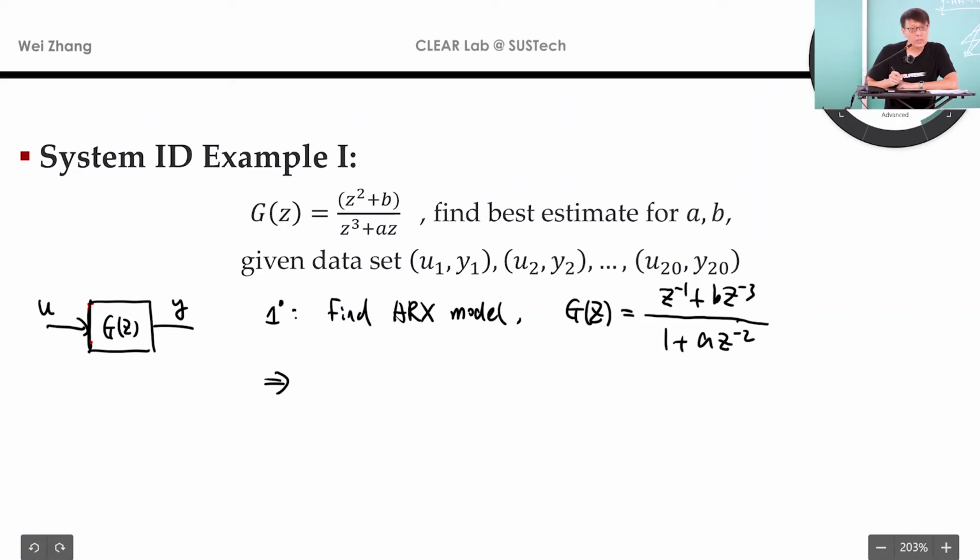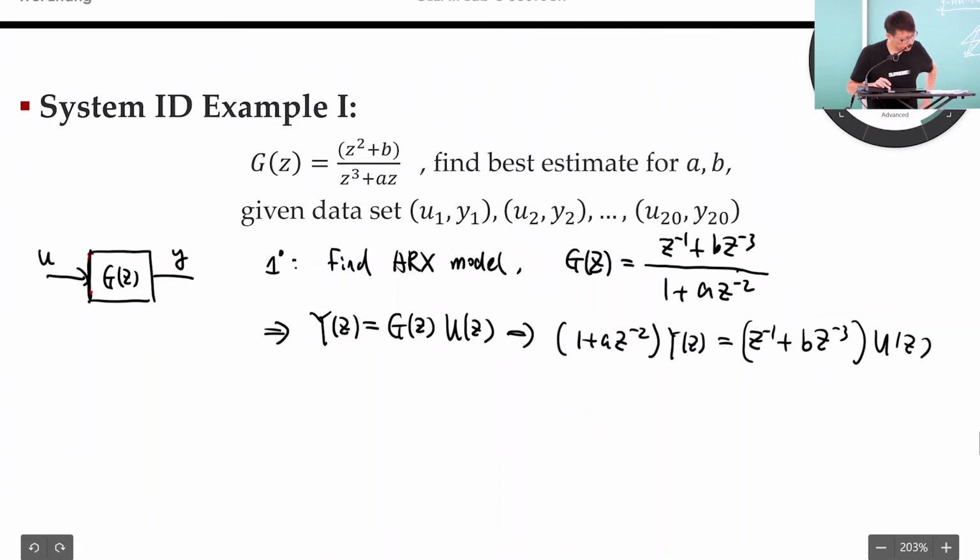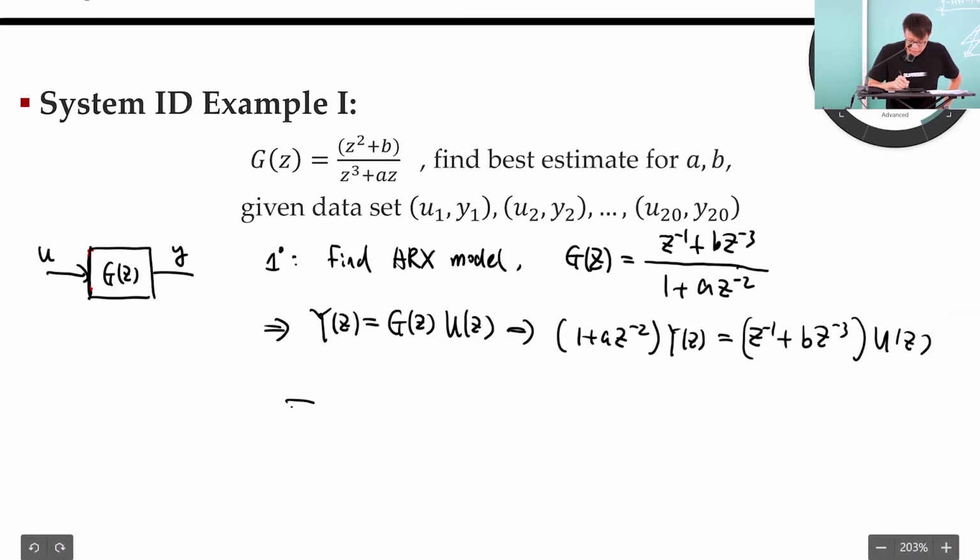What does the transfer function mean? Y of z equals g of z times U of z. If you multiply, you get 1 plus a z minus 2 times Y of z equals z inverse plus b z negative 3 times U of z. You take the inverse z transform. You don't have to, but you can see it already.